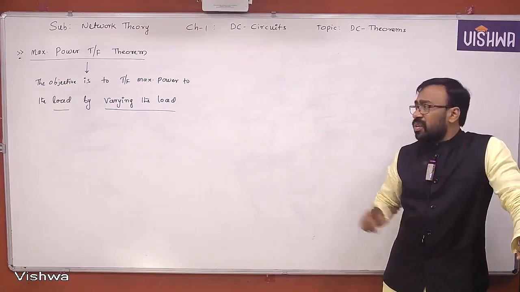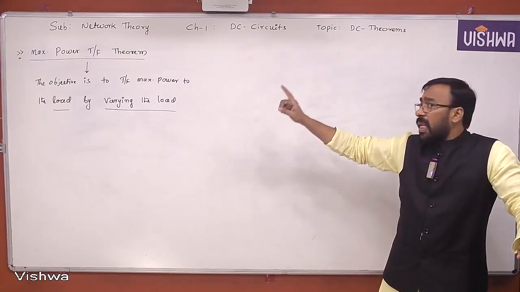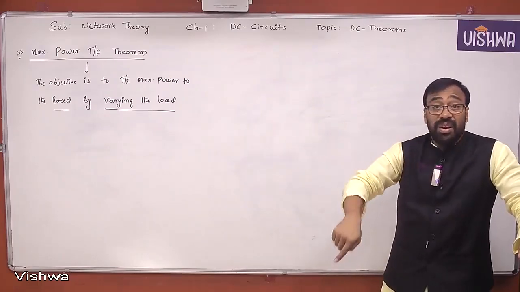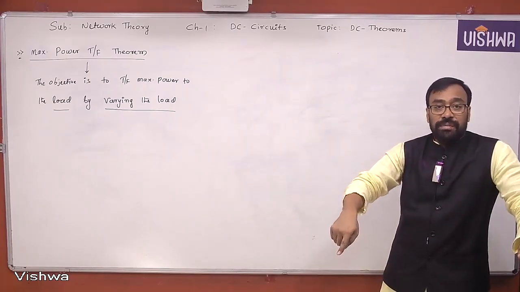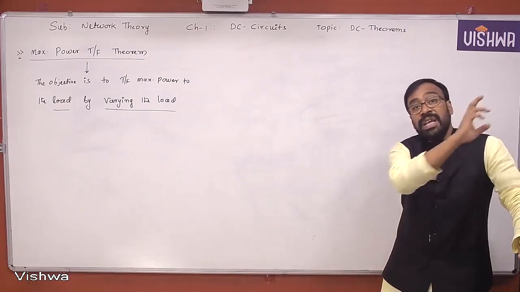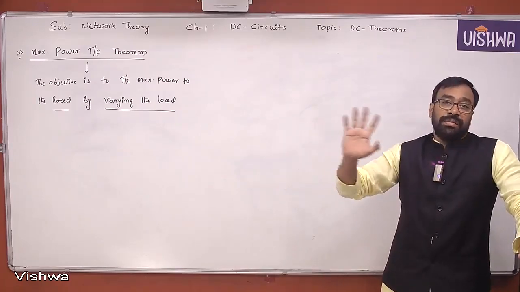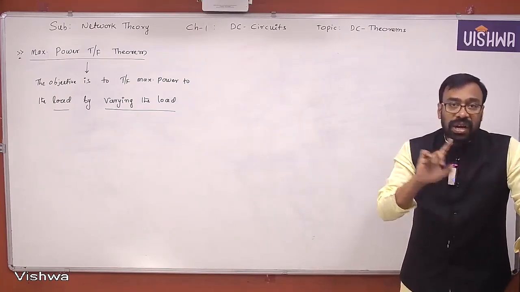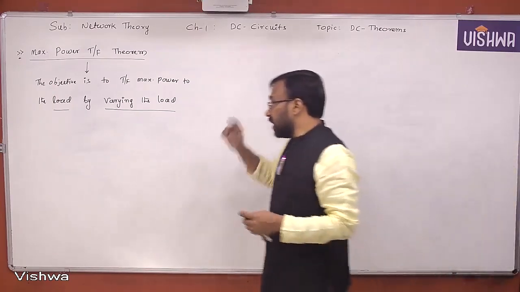What is the objective? It is to transfer maximum power to the load by varying the load itself. By varying the load, you have to send maximum power to the load. Not by varying something else; that does not come under maximum power transfer. This is very, very important.